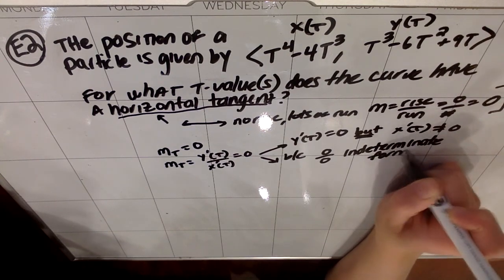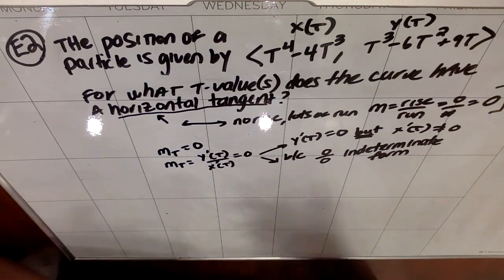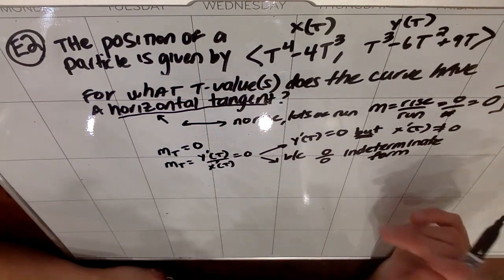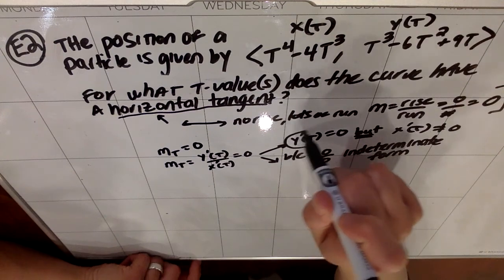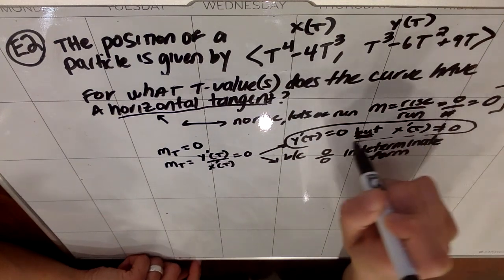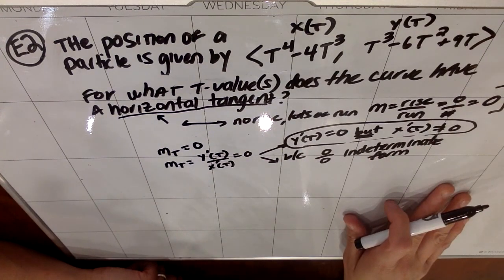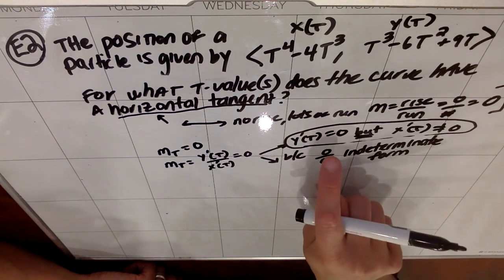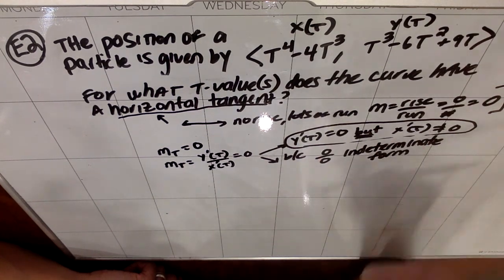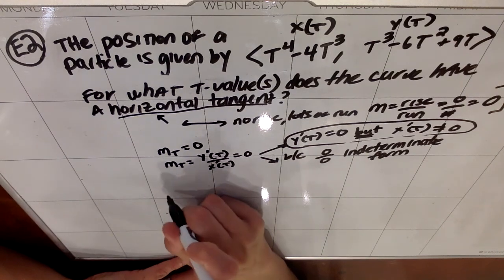It doesn't function the way other stuff functions. So we don't want 0 over 0. So essentially, to do this problem, we need to find where y prime of t is 0. We also need to find where x prime of t is 0. And then we need to make sure that our answer is only the places that y prime of t is 0, but not x prime of t. So let's go ahead and start working on that.